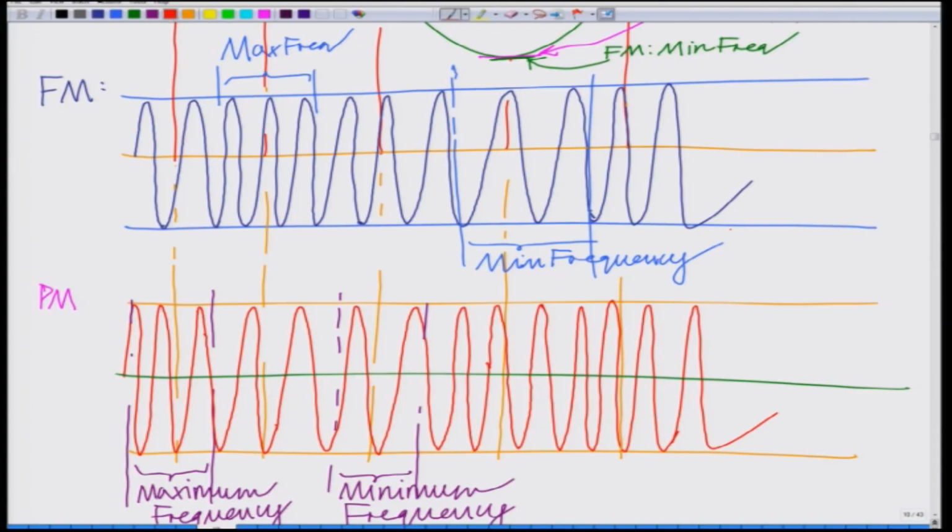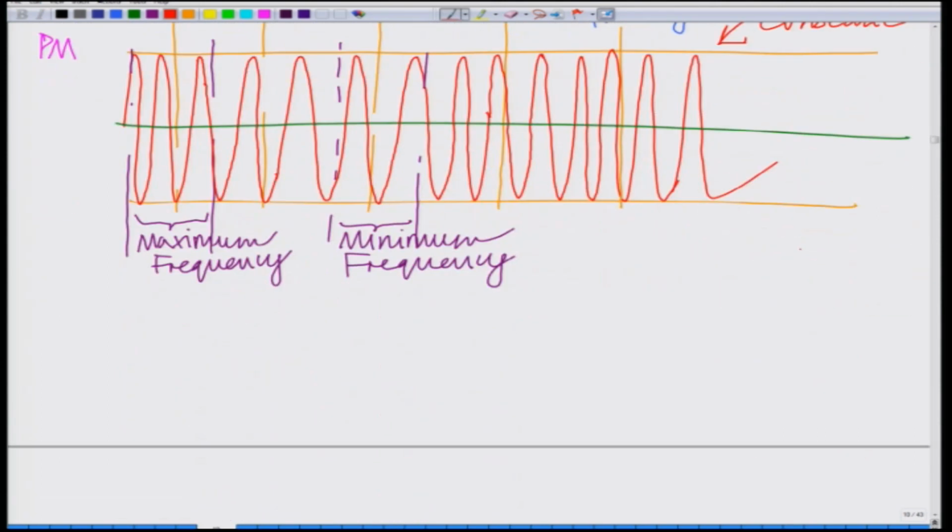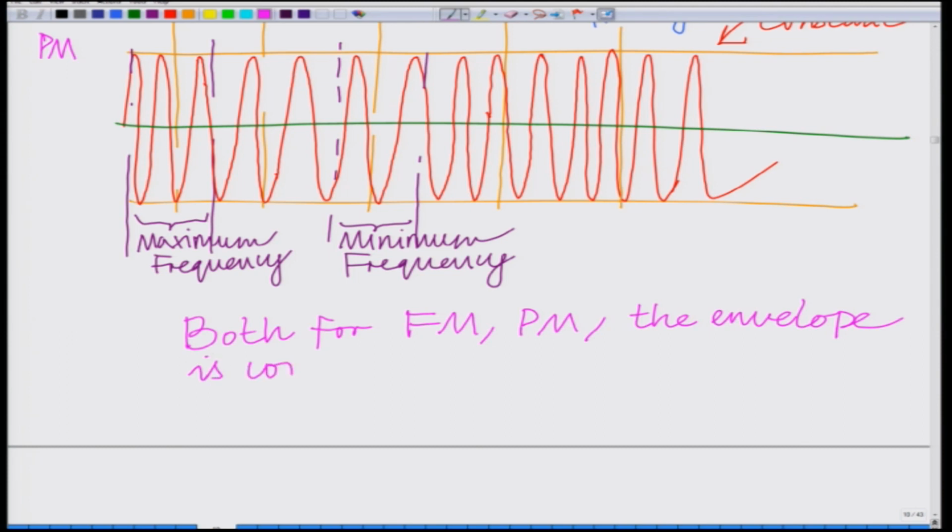And also you will note that the envelope is constant both for frequency modulation and phase modulation, because amplitude is not modulated.